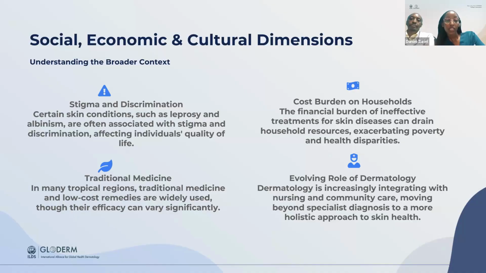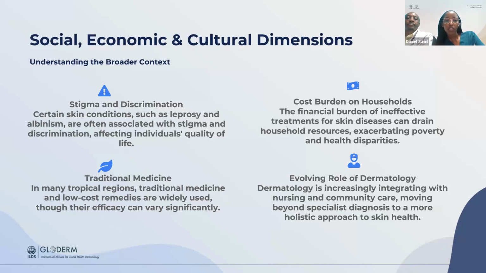There's a role of traditional medicine in tropical medicine, and a number of our patients will normally visit a traditional health practitioner before they come to see us. And we don't know how effective their treatment is. We can only speculate. But the trouble with these traditional recipes and treatments is that they tend to result in delayed diagnosis.